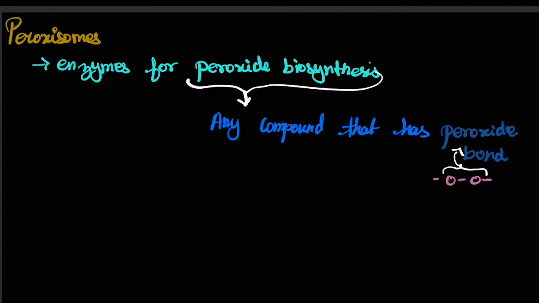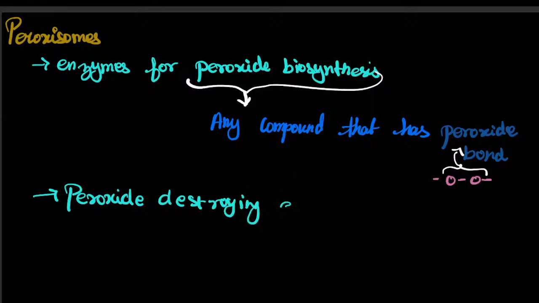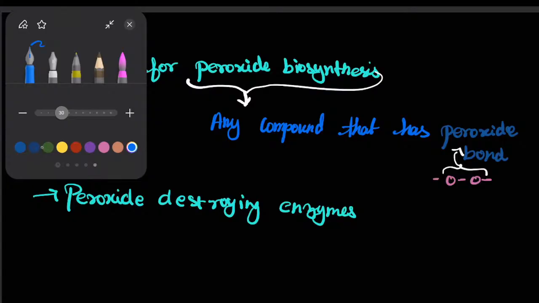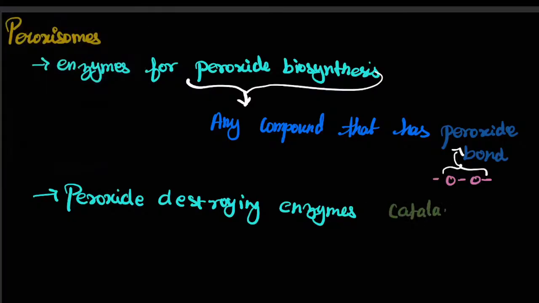And also we have already seen that they'll be having peroxide destroying enzymes. So an example of the enzymes for this is your catalase.